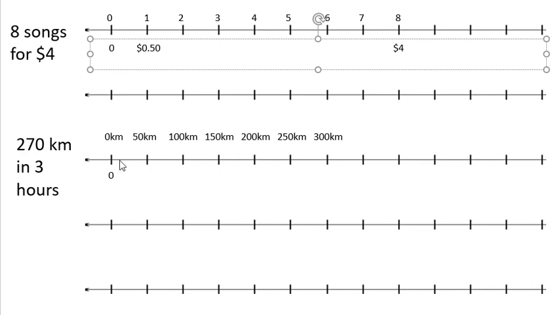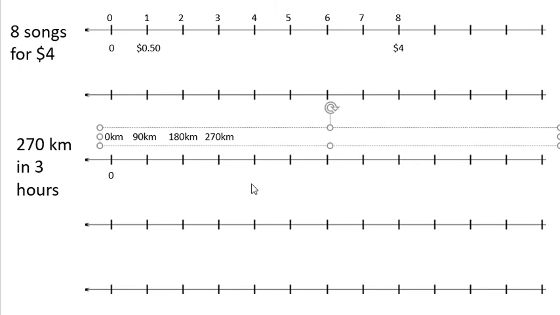I could try labeling them in 90s. That would work. It would be 0 kilometers, 90 kilometers, 180 kilometers, 270 kilometers. That would work. So I'm going to label those now. I've labeled our sections, and these represent exactly 3 hours.